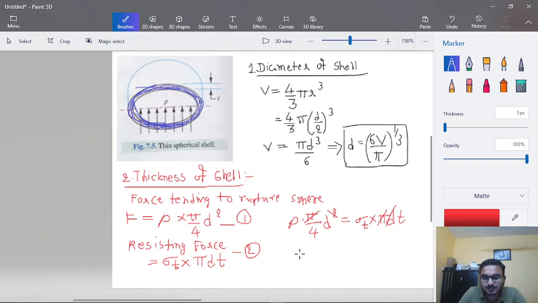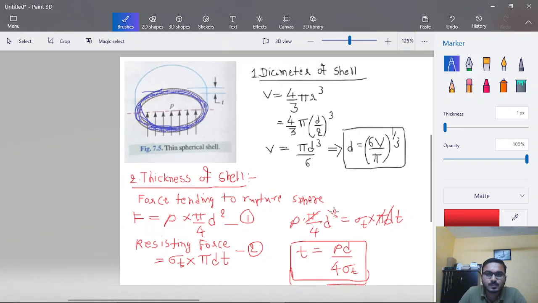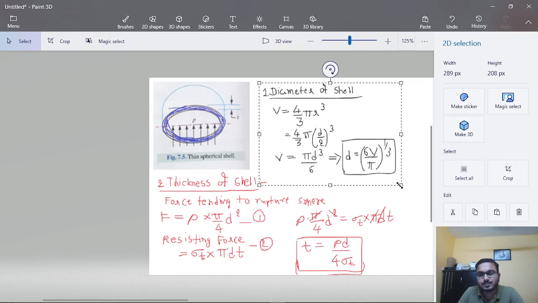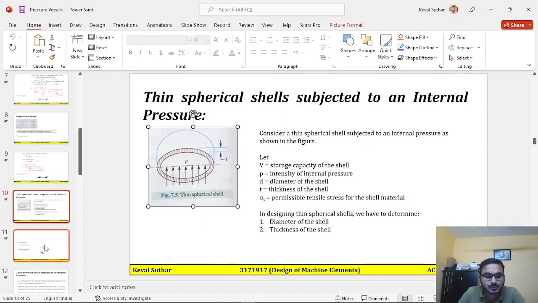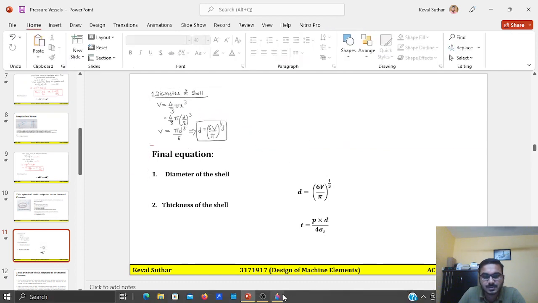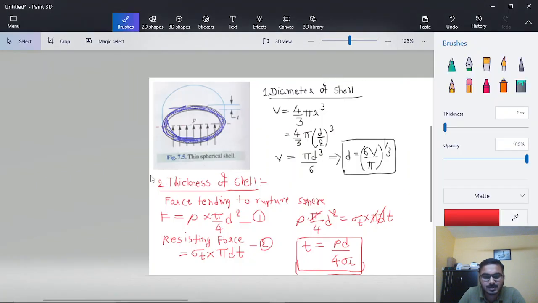So here the evaluation of t will be pd upon 4 sigma t. So let's copy this portion over here. So this is the first thing that we derived, and here the second portion is this.